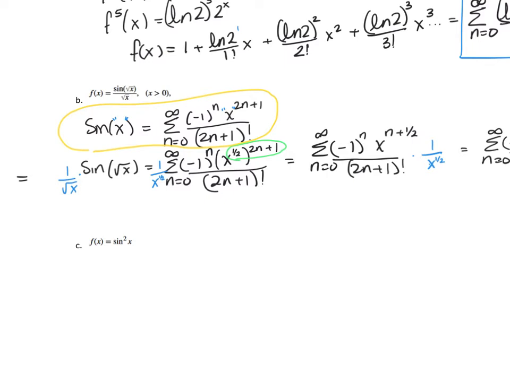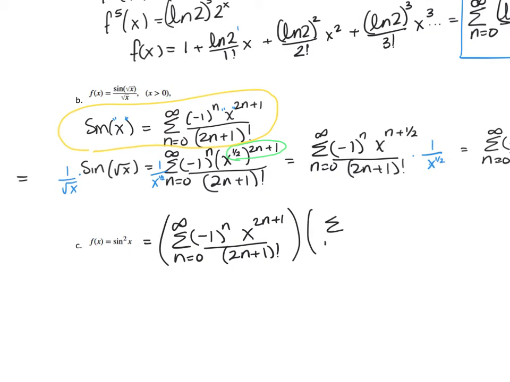Now, I could write it, if I was inclined, as the summation of n equals 0 to infinity of -1 raised to the n, x raised to the 2n plus 1 divided by 2n plus 1 factorial, and then multiply it by itself, the summation of n equals 0 to infinity of -1 raised to the n, x raised to the 2n plus 1 over 2n plus 1 factorial, like this. And then I can use the Cauchy product like I learned in my previous sections, but yeah, that's a lot more work. And I'm going to try to avoid that if I can. I'm just saying.